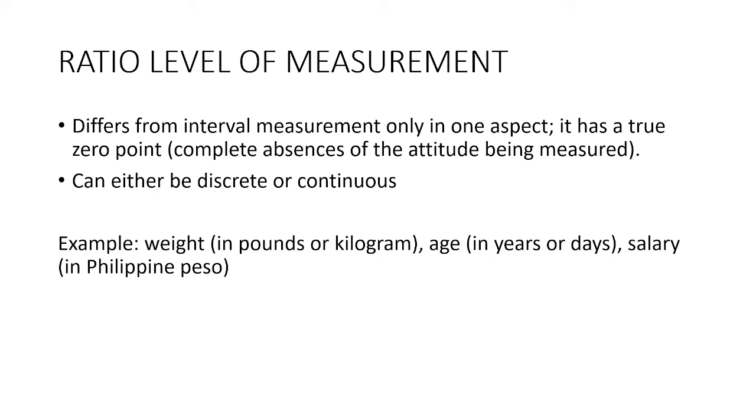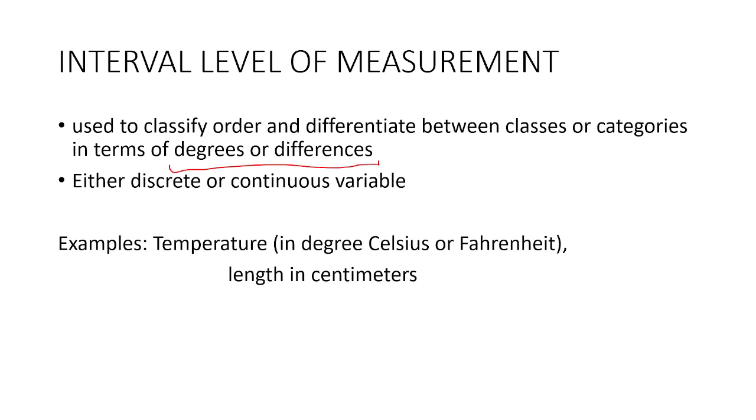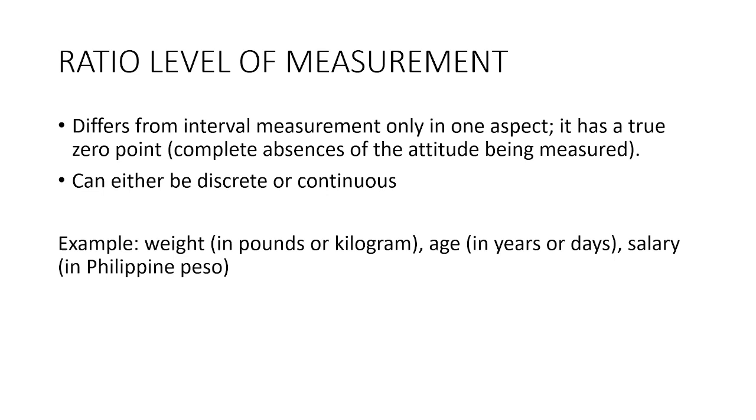So, when we talk about the interval measurement earlier, we cannot actually say that there is an absolute zero in temperature unless you talk about the real scientific or technical definition of absolute zero. But in here, ratio level really has a zero point, which means it is non-existent.